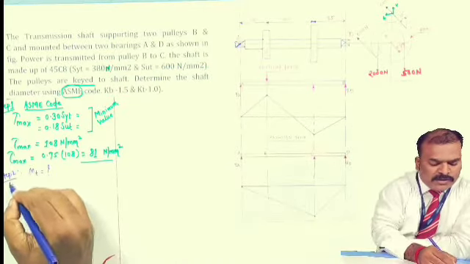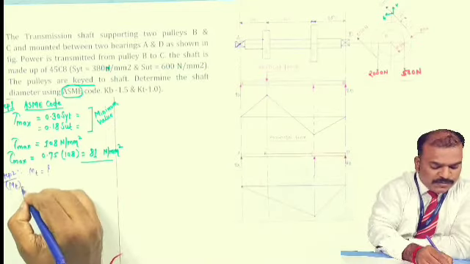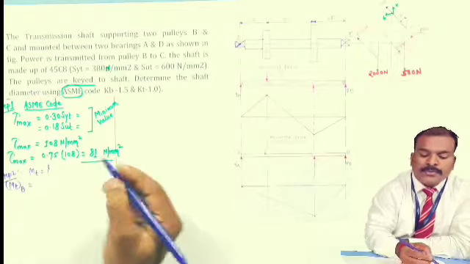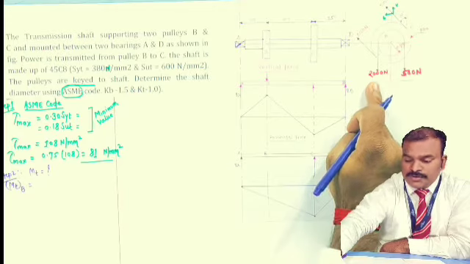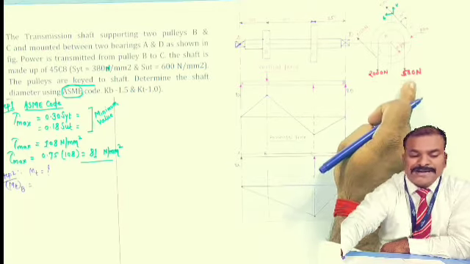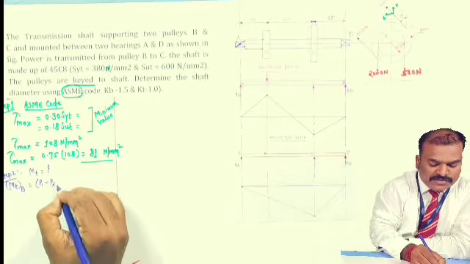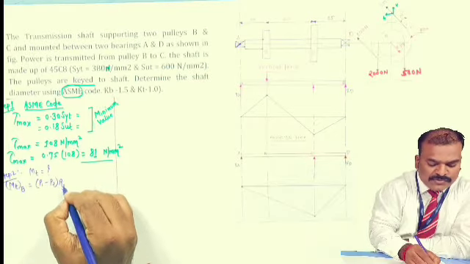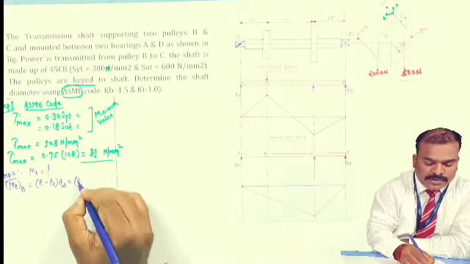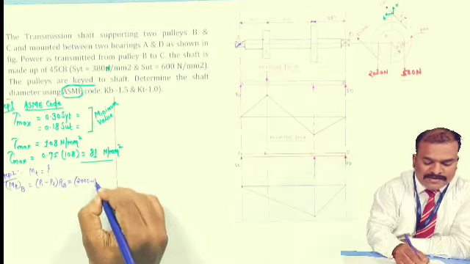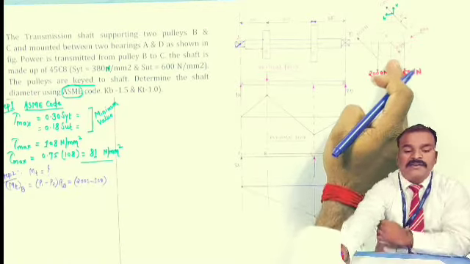So according to that, first of all, I'll calculate the torque developed in pulley B, the first pulley, which we can say is the smaller pulley. Pulley B, smaller, has 2000 Newton on the tight side, 500 on the slack side. So we know torque is tension on tight side minus tension on slack side into radius of pulley B. Tight side is 2000, slack side 500, and the smaller one has radius 100 mm.